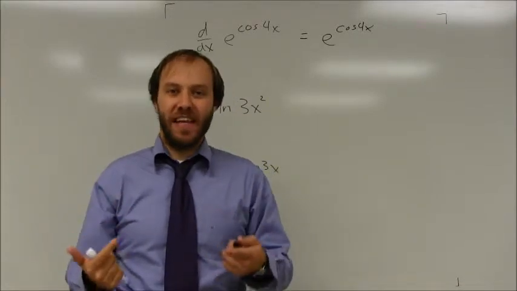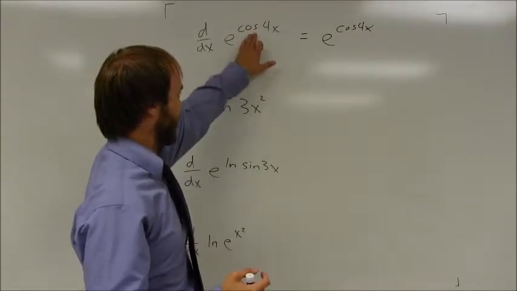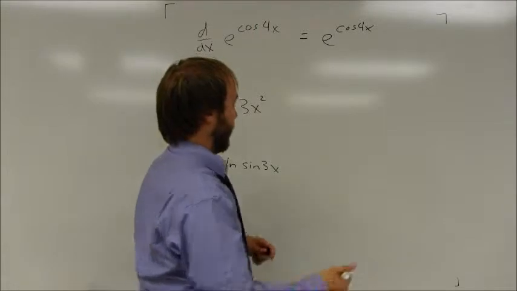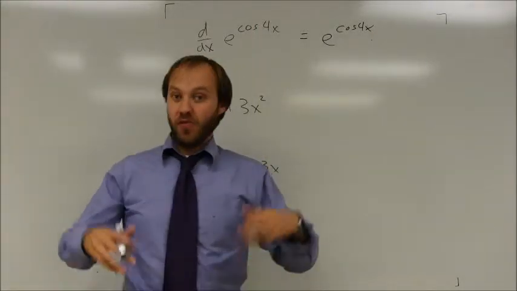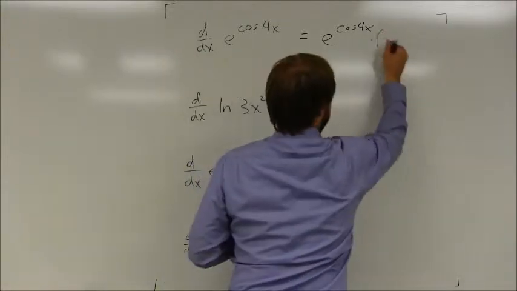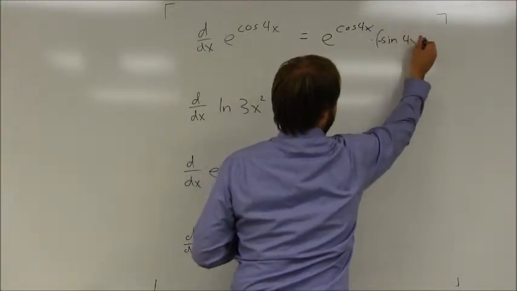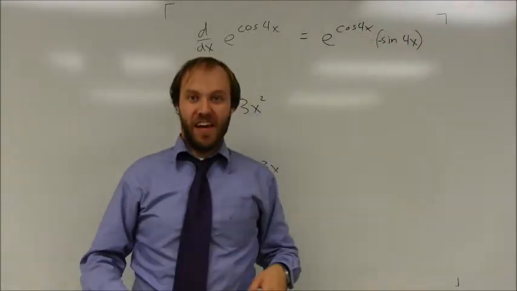I always have to take that into account. So I always have to make sure that I take the derivative of the inside function and multiply by that at the end. Okay, so I multiply by the derivative of the inside function. Derivative of cosine, of course, is negative sine of the same thing. And then notice that I have another inside function.